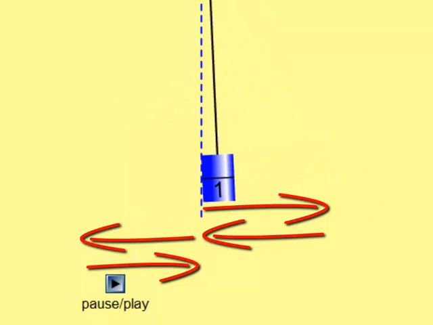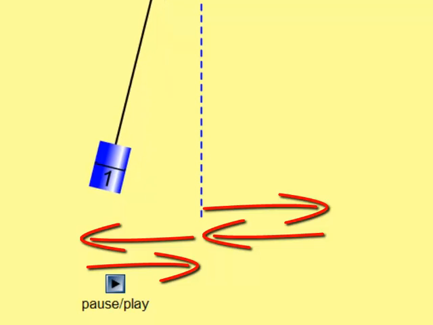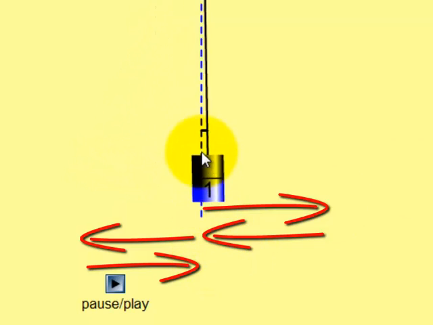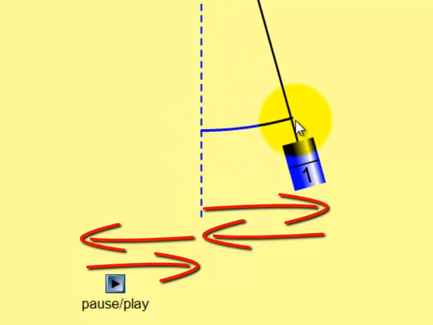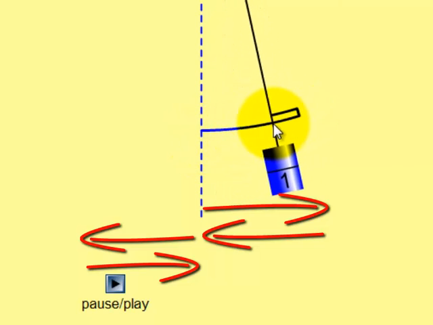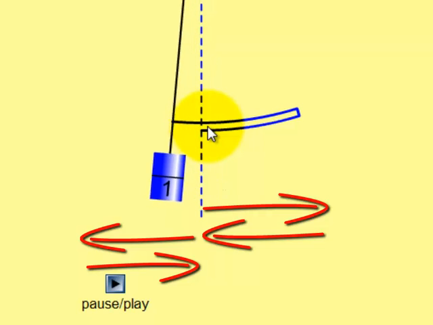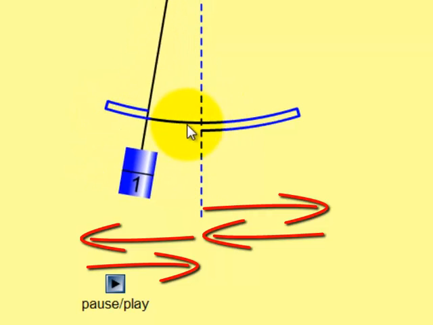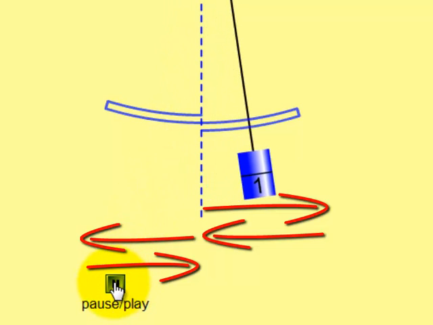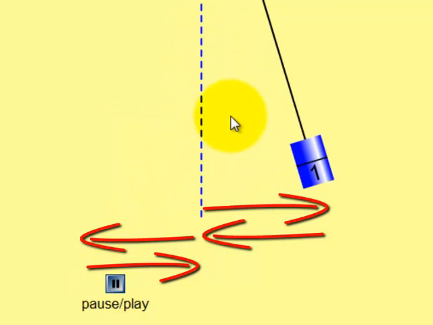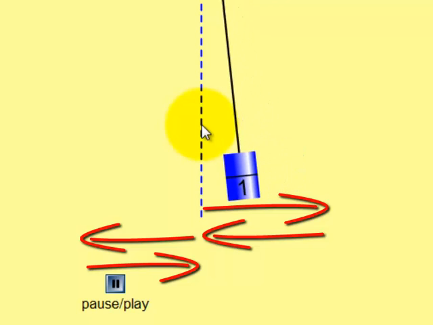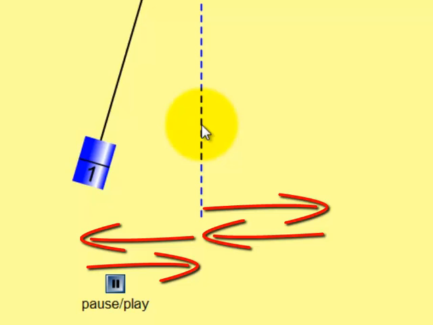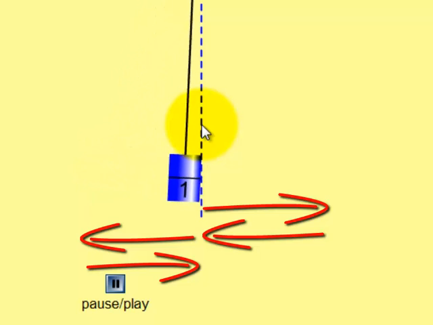I repeat. Look at the trace which is drawn by the bob. That quarter, followed by that other quarter, and then the third quarter, and finally the fourth quarter. The wave has made one complete oscillation. So a complete oscillation has 4 quarters.